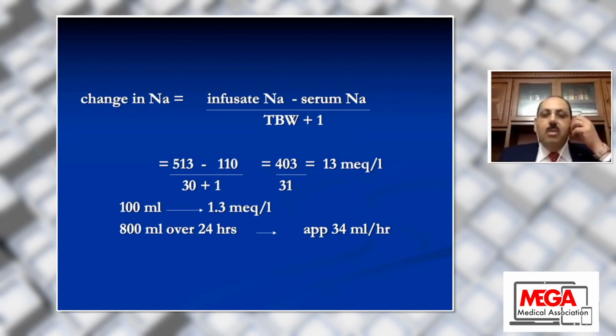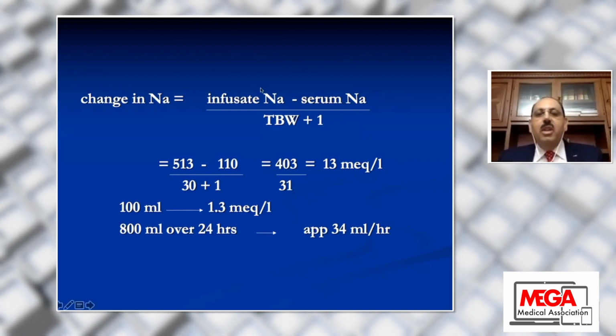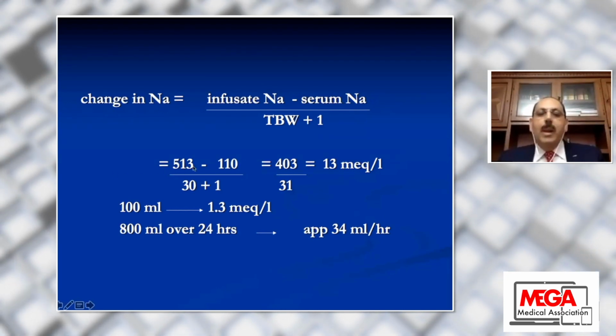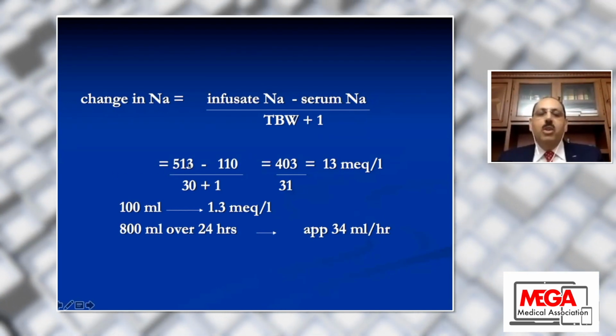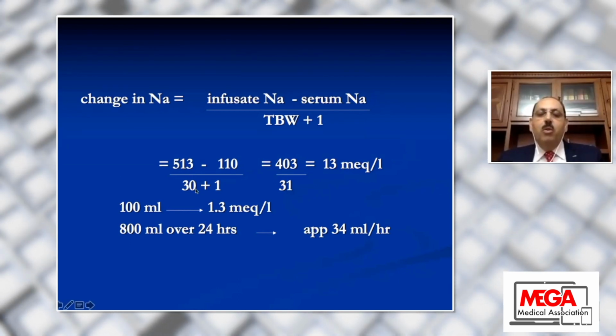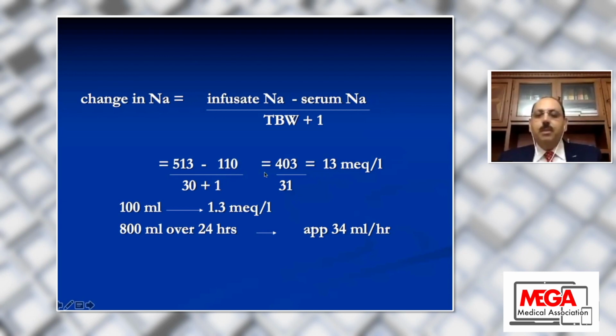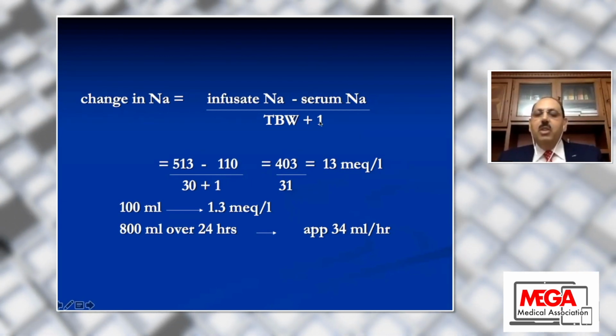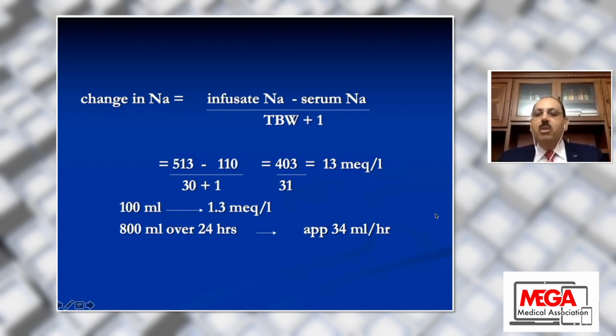So how to give this saline solution and at which rate? By using this equation, the infusate sodium minus serum sodium over total body water plus 1. If we use hypertonic saline 3%, 513 minus the present sodium 110, over 30 plus 1, equals 503 over 31, equals 13 milliequivalent per liter.